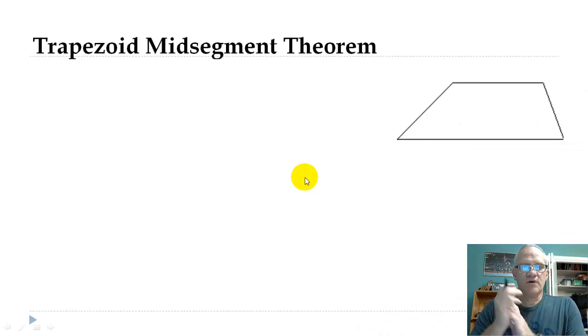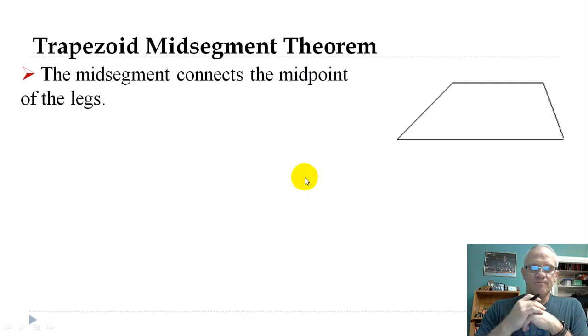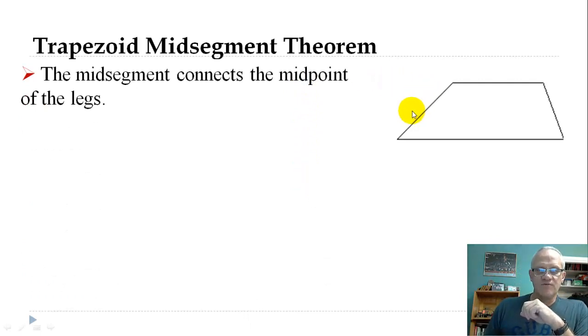The trapezoid mid-segment theorem. So here's a trapezoid, just a regular one. It doesn't have to be isosceles now. Any trapezoid this will work on. The mid-segment connects the midpoint of the legs.